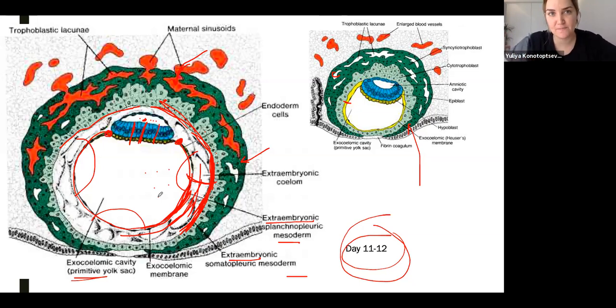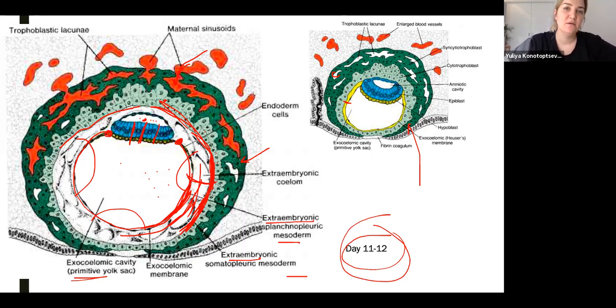The problem is that the yolk sac is a very important embryonic organ. Yolk sac is the first hematopoietic organ. It's the first organ to make blood. So bursting this yolk sac by trying to form the chorionic cavity is a fatal mistake. You just burst the first organ to give blood to the embryo.